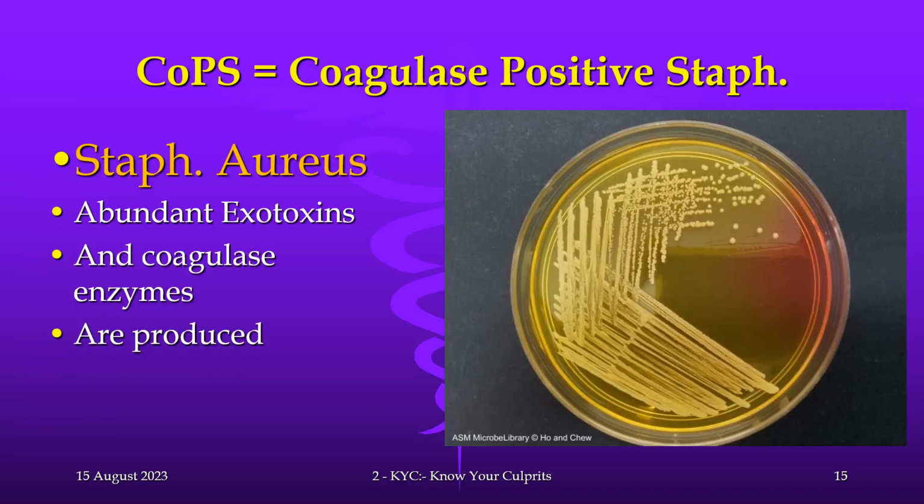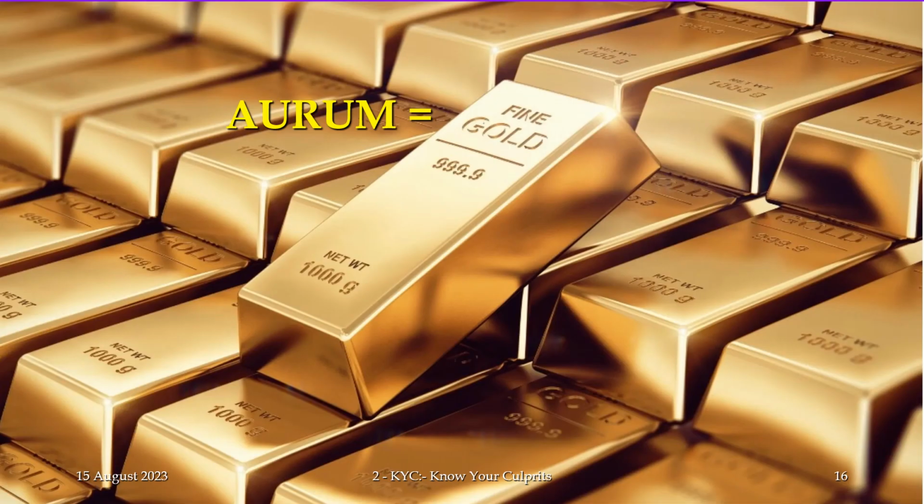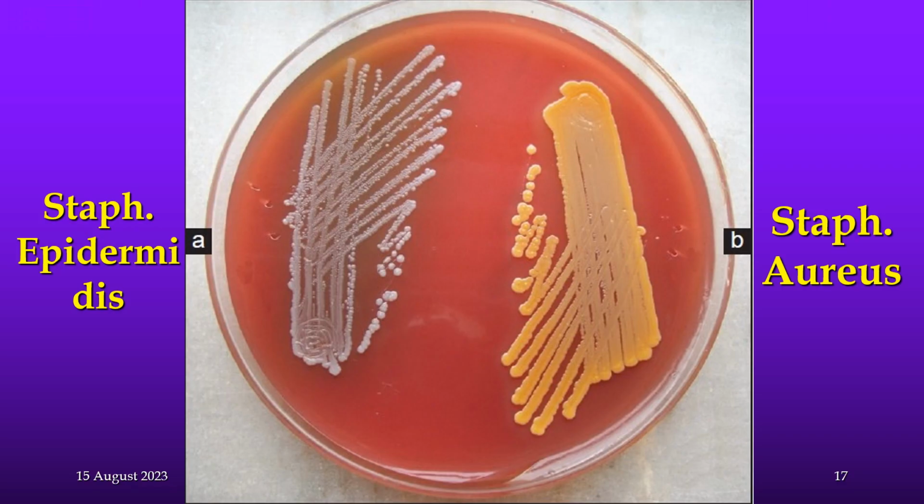Coagulase positive staphylococcus of our concern is Staph aureus, which produces abundant exotoxins and coagulase enzymes. Staph aureus takes its name from aurum, which is gold in Latin. On a blood or nutrient agar, the Staph epidermidis, the coagulase negative ones, will always produce white colonies in streaks or lines, whereas Staph aureus, the coagulase positive organism, always produces golden yellow or lemon yellow colored colonies.